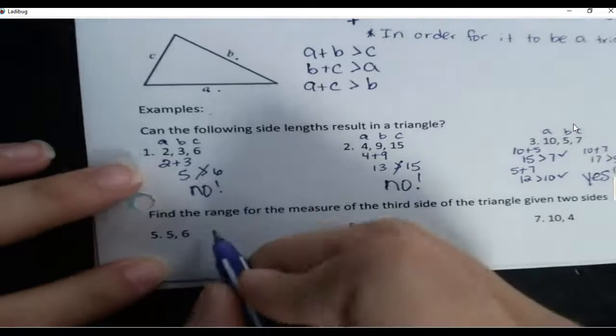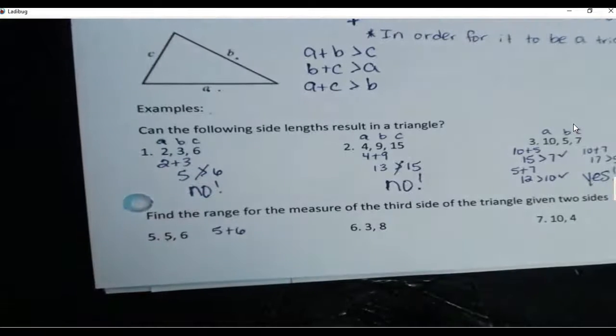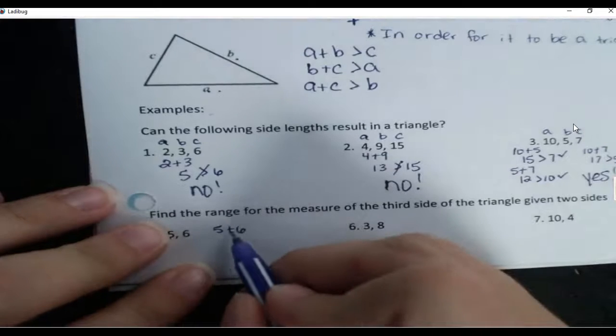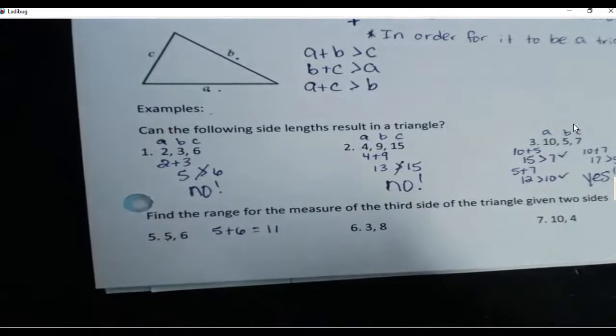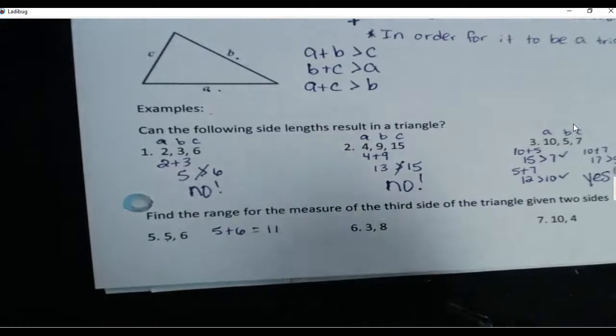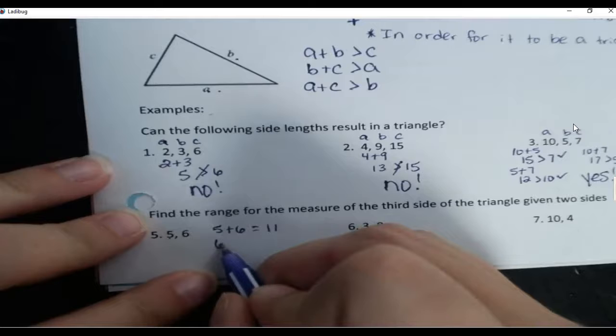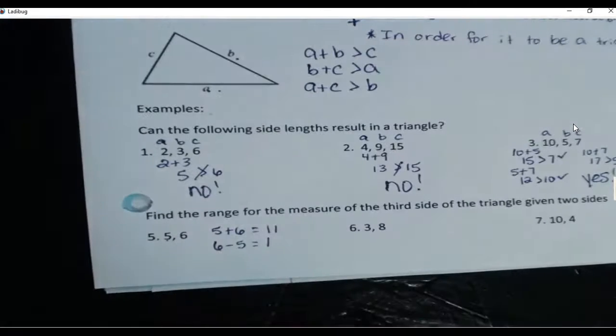So 5 plus 6 is 11. And then you also want to subtract them. So 6 minus 5 is 1.